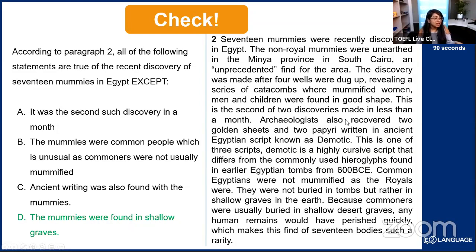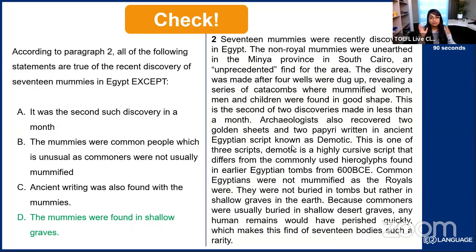It says archaeologists also recovered two golden sheets and two papyri written in ancient Egyptian script. So papyri is like a type of paper, ancient papers.